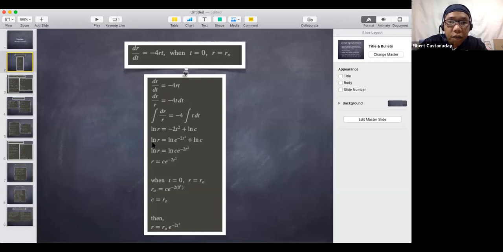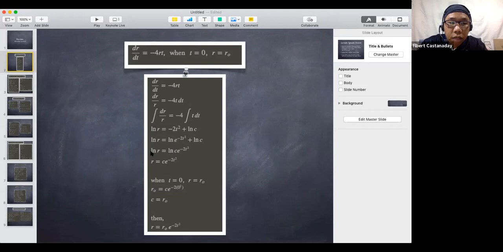Now that every term has ln, you can combine them. The property of logarithmic functions allows you to rewrite this side of the equation as ln of c times e raised to -2t squared.